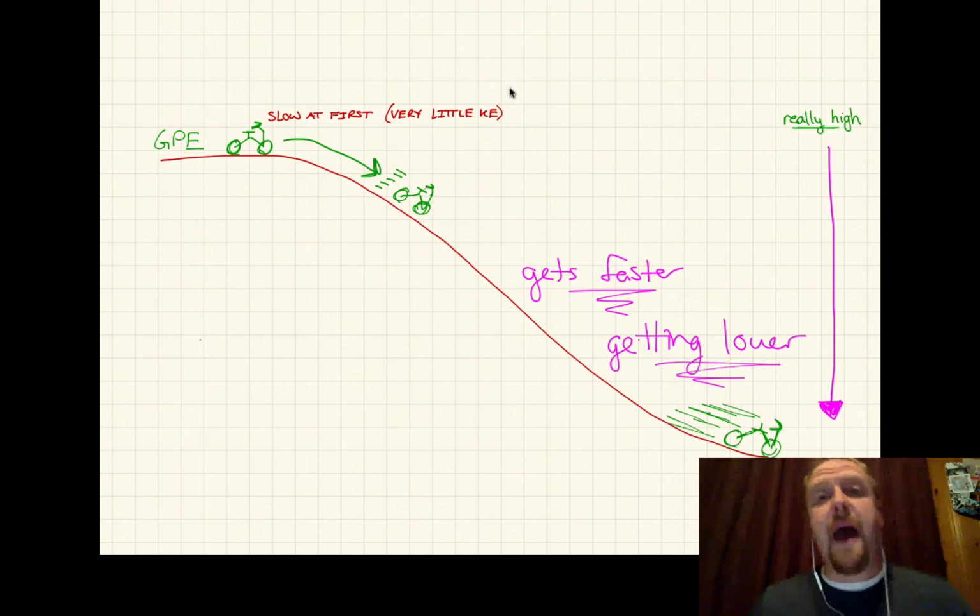Okay, so two things are going to happen here. The kinetic energy is going to change because speed is changing. And the gravitational potential energy is changing because the height of the bike is changing.